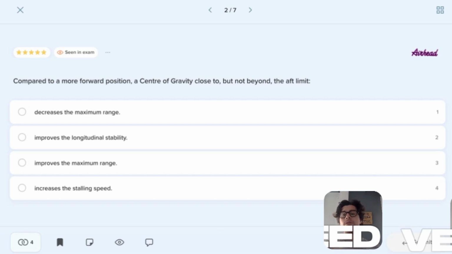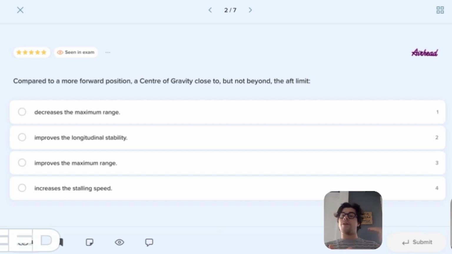So the opposite is true when we have a CG near the aft. We have a nose up moment, meaning our tail is generating lift upwards in order to offset that down force created by the CG. In this case, if we have more downforce, so the CG is forward, our performance will be a bit worse.